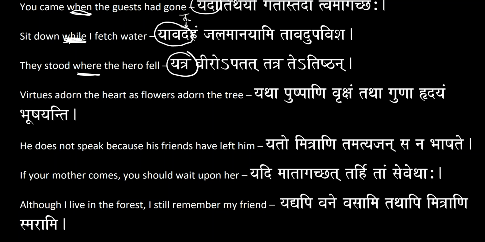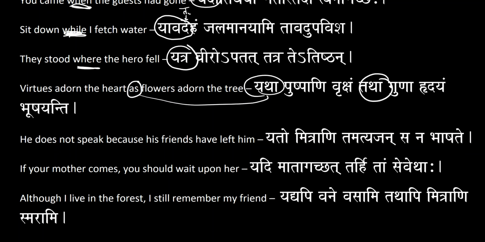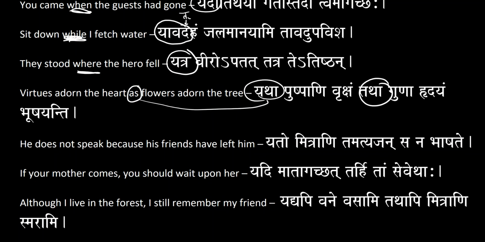We have yatha pushpani vriksham tatha gunah hridayam bhushayanti. So the word as is being portrayed with the words yatha and tatha together. Virtues adorn the heart, one part of the sentence, uses yatha. Flowers adorn the tree, that then you would use tatha.